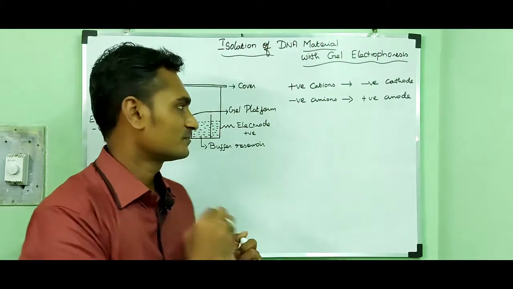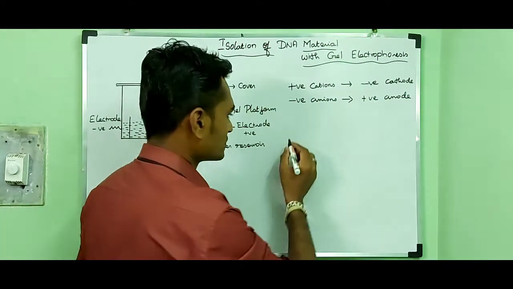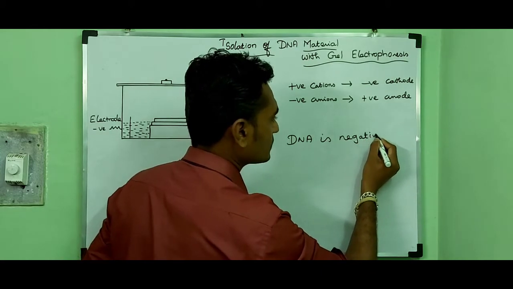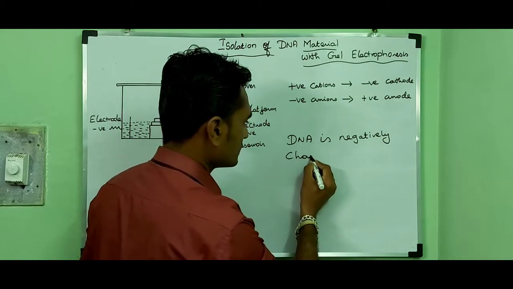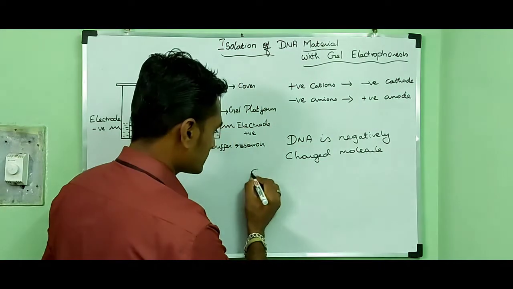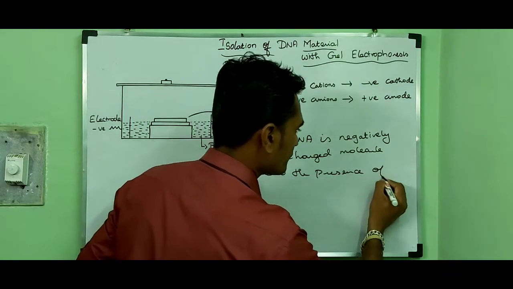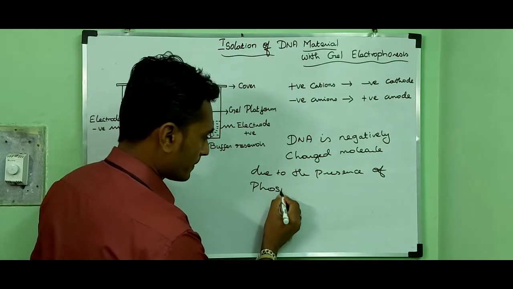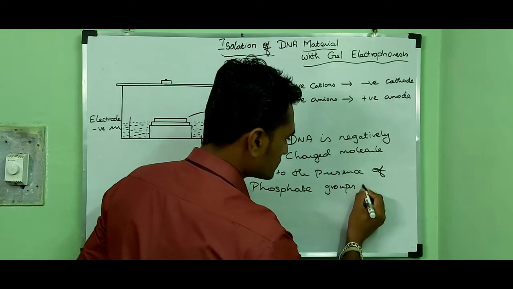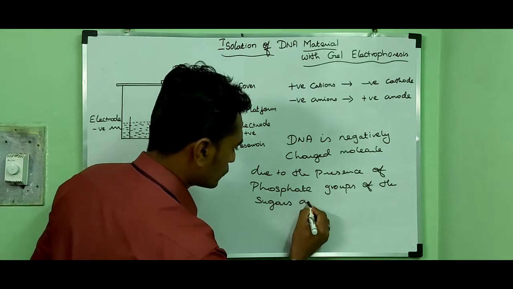Suppose it is a DNA molecule. When DNA molecules are subjected to an electric field, they move towards the positive anode because DNA is a negatively charged molecule, due to the presence of phosphate groups of the sugar and phosphate backbones.